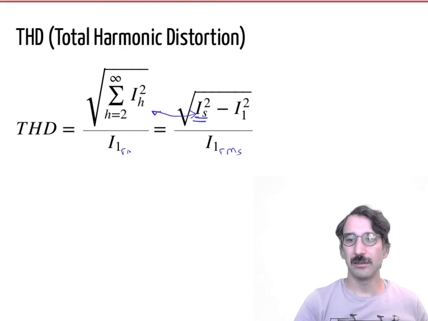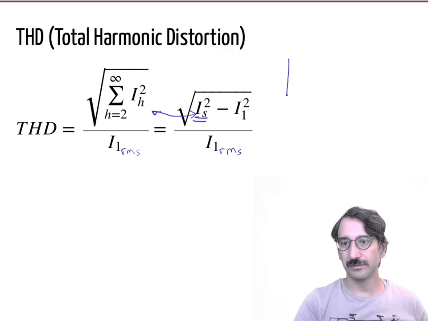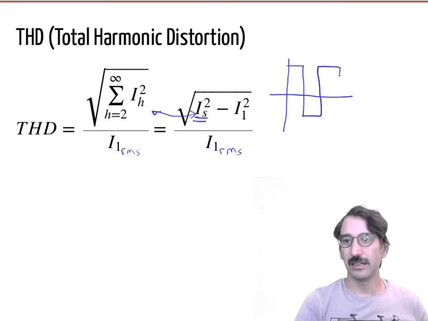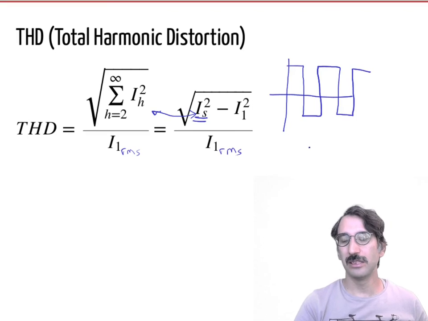In some cases, for example, as I asked in the previous slides, what is the RMS of a square waveform? Of course, you can calculate it from the harmonics, but you don't have to do that.